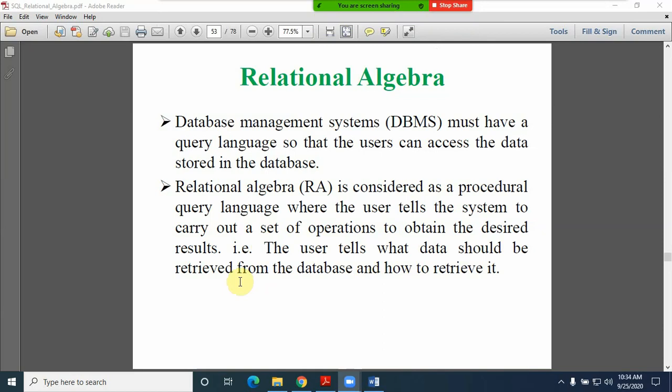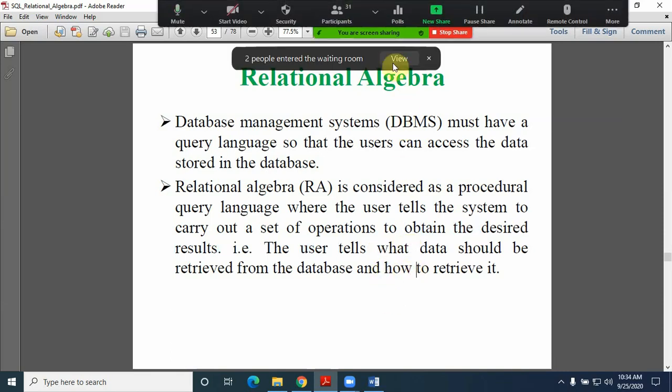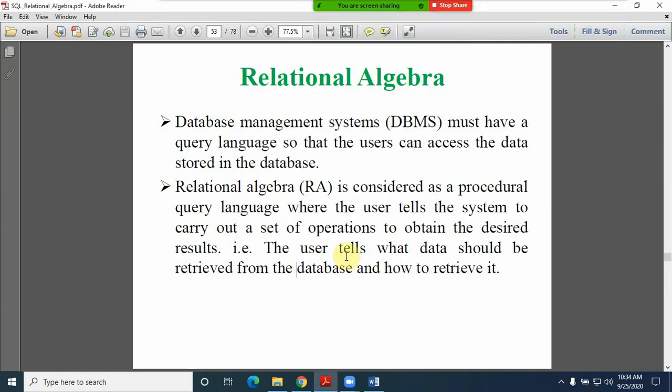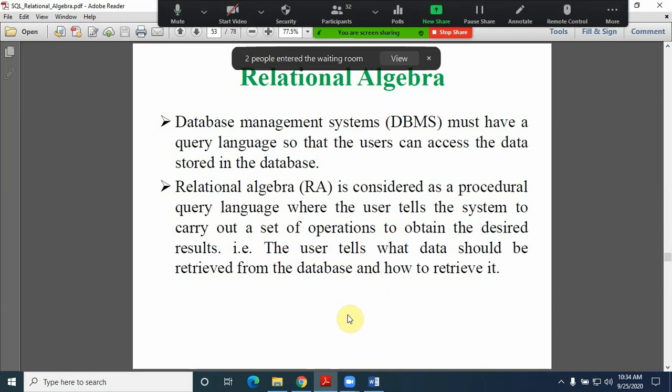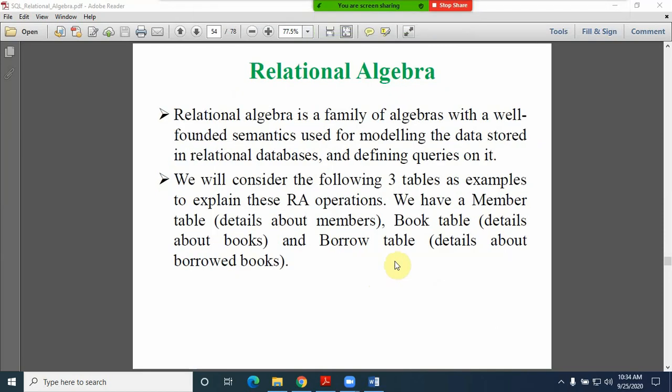You need not mention how to retrieve it, whereas in relational algebra, along with your requirement, you have to mention the way you are going to process the data. So you need to observe what exactly your requirement is and how that is going to be processed. This is considered a procedural query language where the user tells the system to carry out some set of operations to obtain the desired results. Both the things must be mentioned.